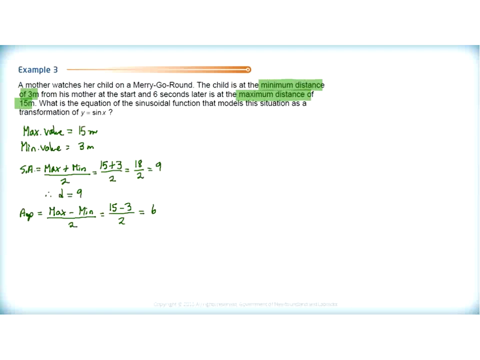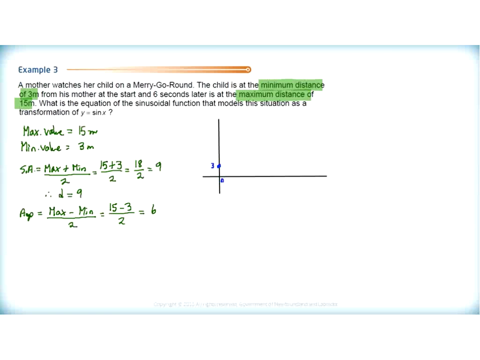So we need to sketch a little graph of what's happening here. In the situation, we are also told that the child is at a minimum distance of 3 meters from his mother at the start. So at the start would be when t is equal to 0. When t is equal to 0, the child is 3 meters from his mother.